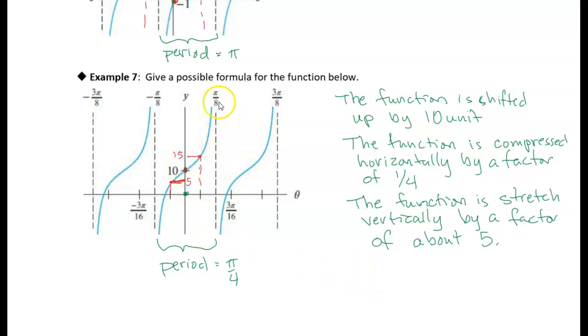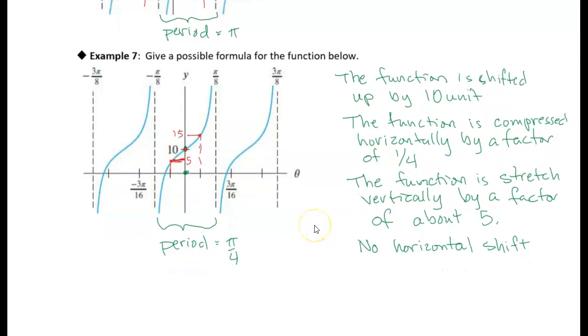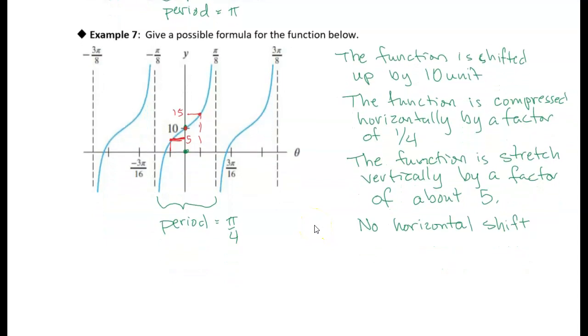Now it looks like it's centered on the y-axis, so I'm just going to say there's no horizontal shift going on. It could be horizontally shifted by a period, and you could write a different function that was just shifted horizontally by one period. But we're going to assume there's no horizontal shift.